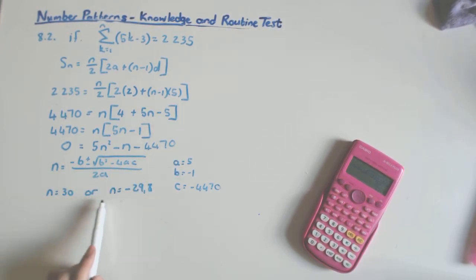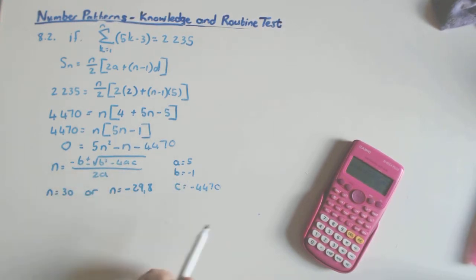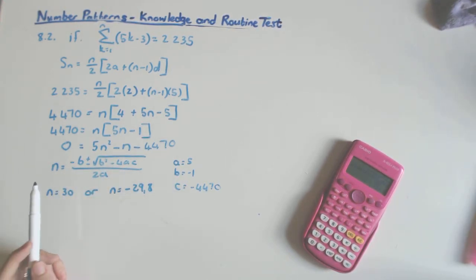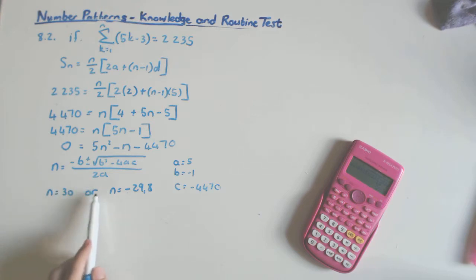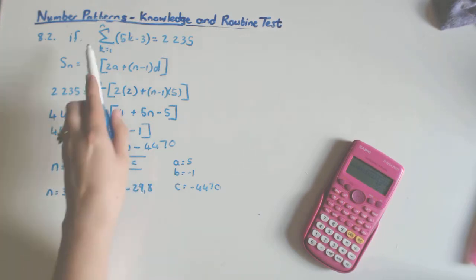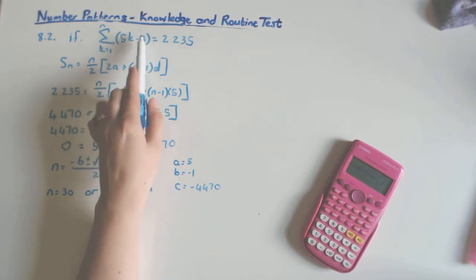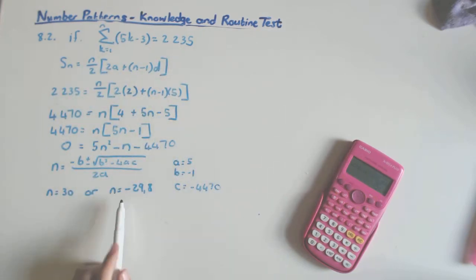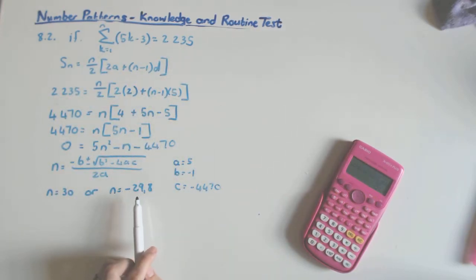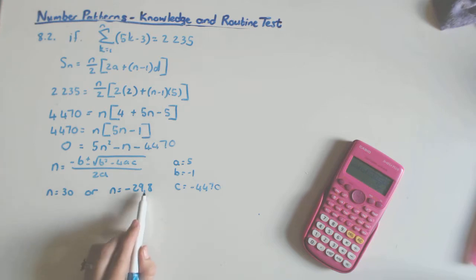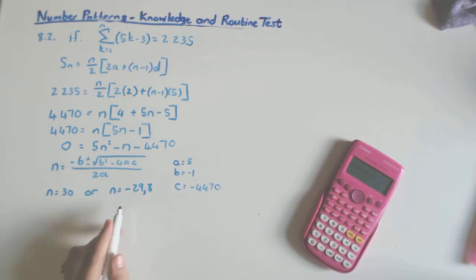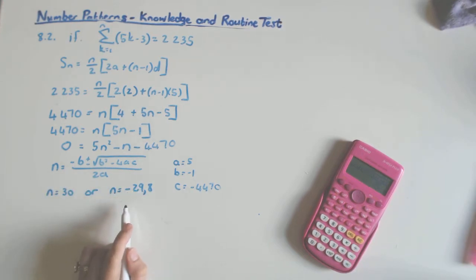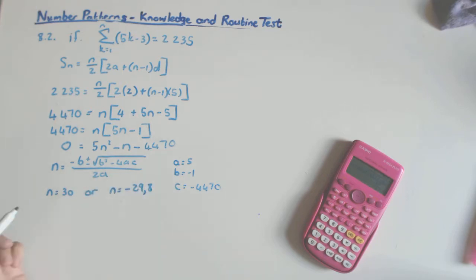Now, since n is the number of terms, and if you think about it, this question said determine the value of n. So how many terms will I add together to get 2235? I'm not going to have minus 29,8 terms. First of all, I'm not going to have a decimal amount of terms, and it's not going to be a negative amount of terms. So this is out.